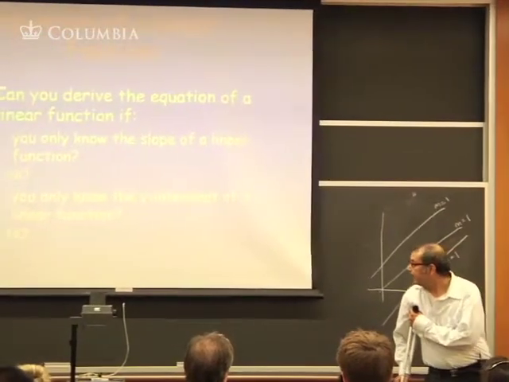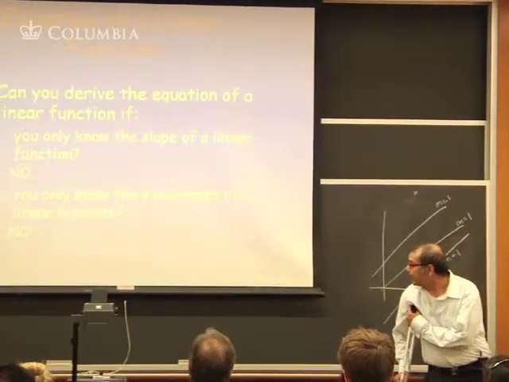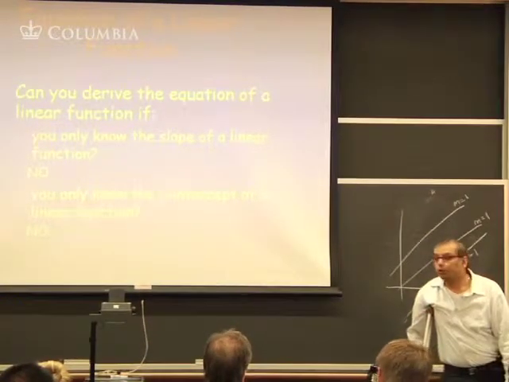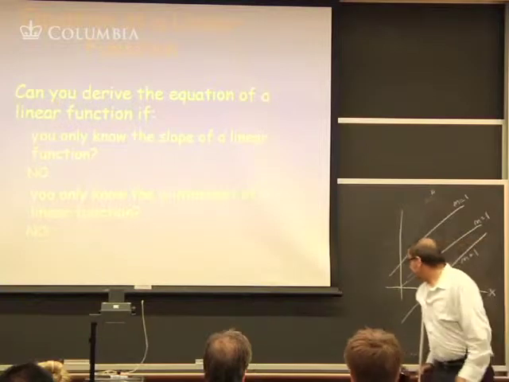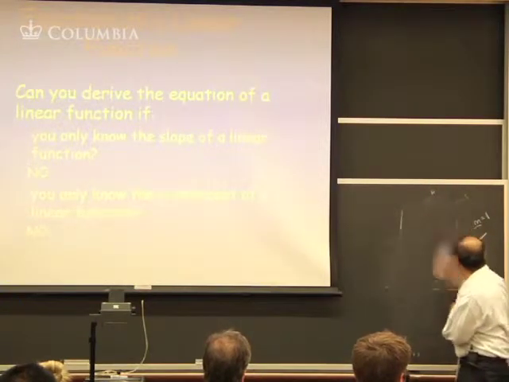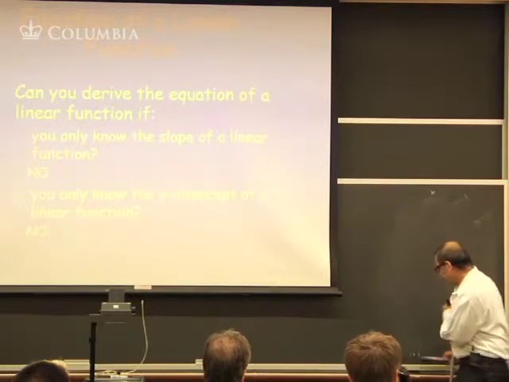Okay? Now, if you only know the y-intercept of a linear function, again, you would not be able to give me the equation, and the picture is going to be a little bit different.